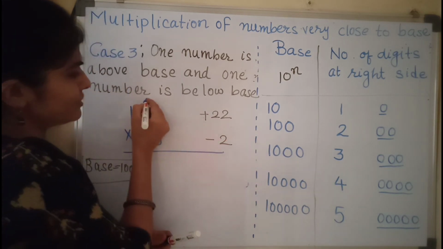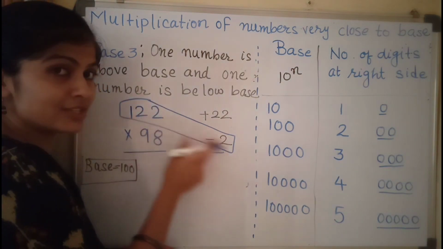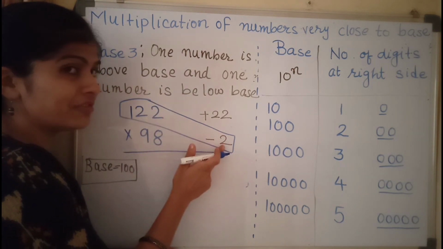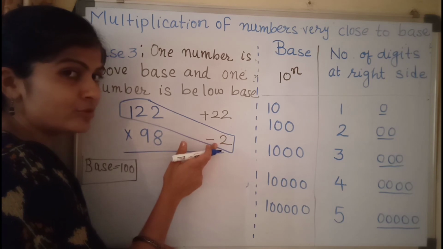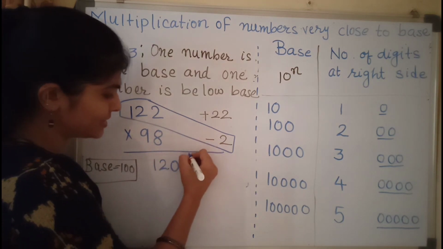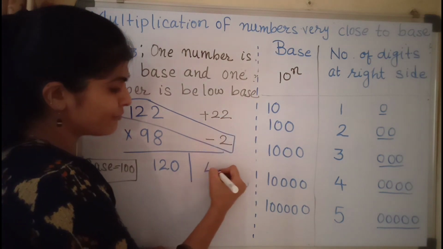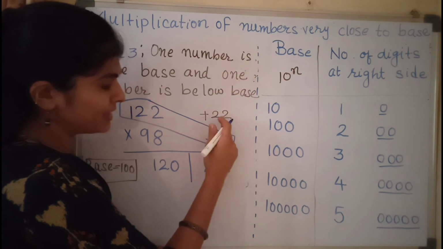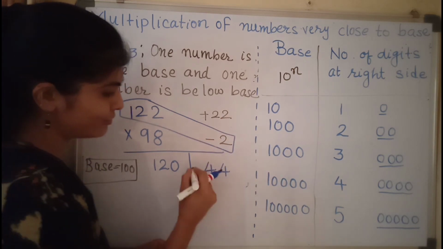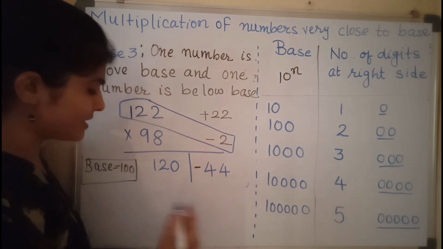Now next step is you should do the arithmetic operation between these two numbers, 122 and negative 2. One is positive, another one is negative, so you should do subtraction. So you will get 120 on this side and 22 times 2, which is 44. But as one number is positive, another number is negative, I should keep a sign of minus, right? Now what is the next step?